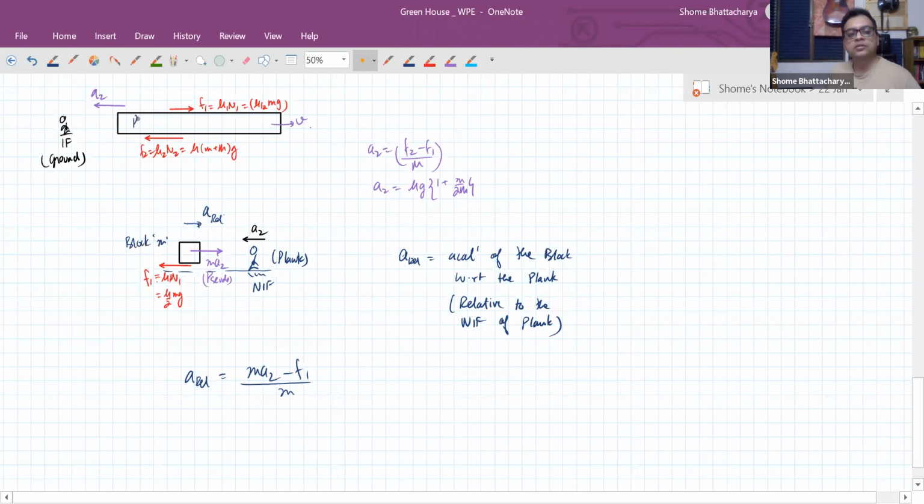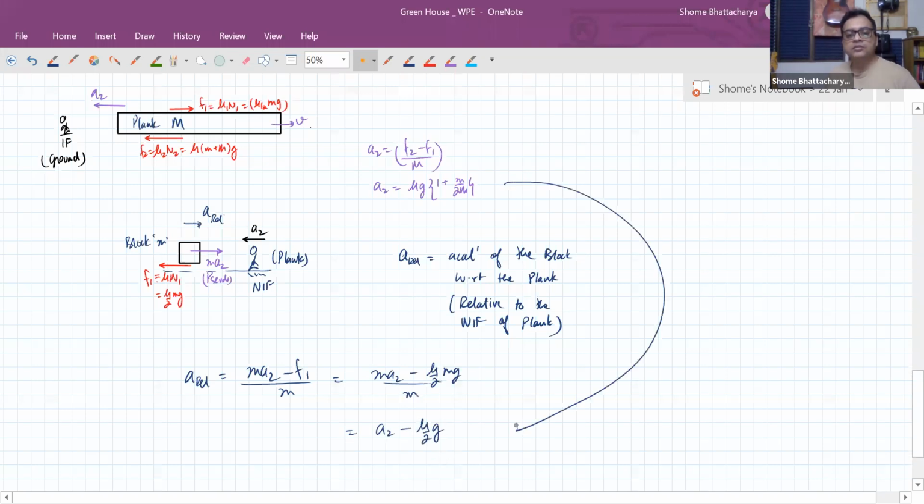This is the plank, capital M. Okay, so this is becoming m A2 minus mu by 2 m g, divided by m. So it is A2 minus mu by 2 g. Okay.